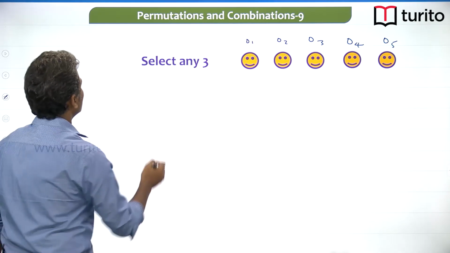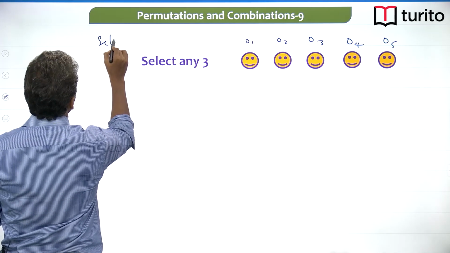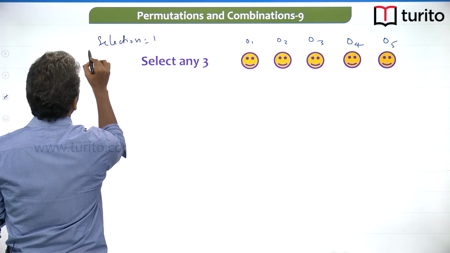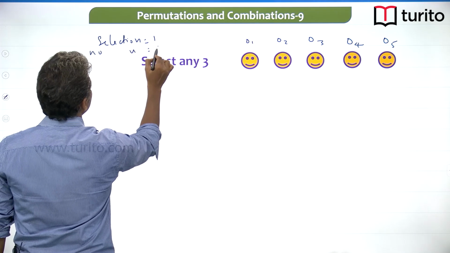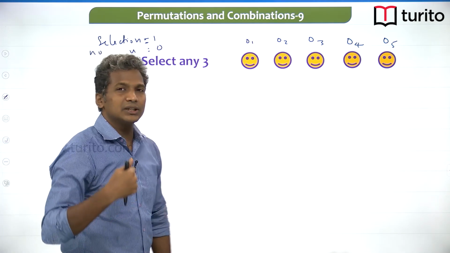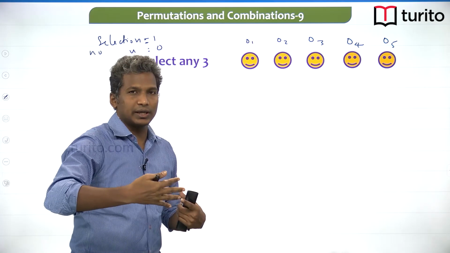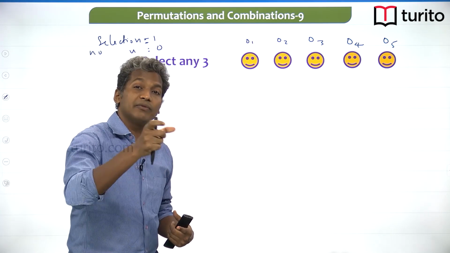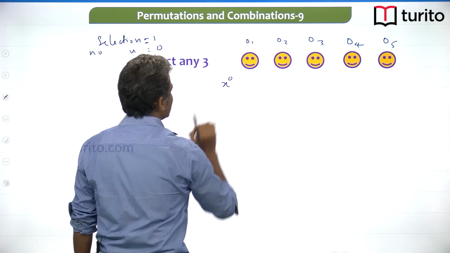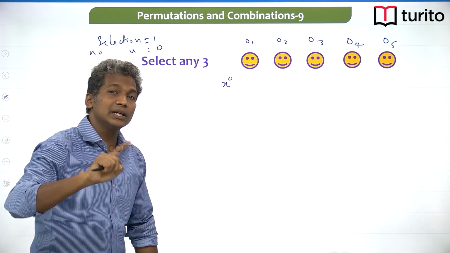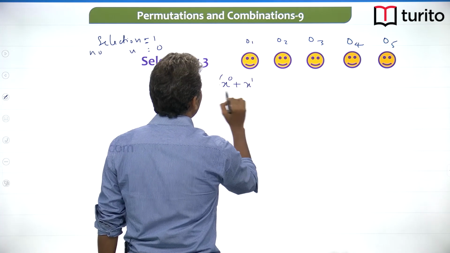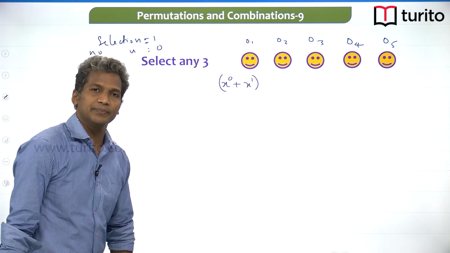Whatever polynomial I am going to generate will have powers. For the first object, x raised to 0 represents it not being selected, and x raised to 1 means it is being selected.